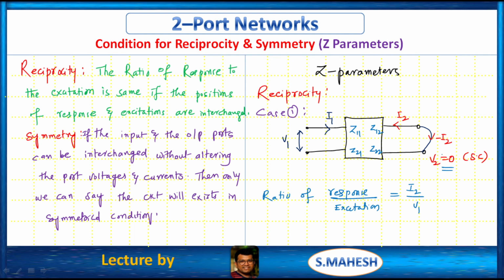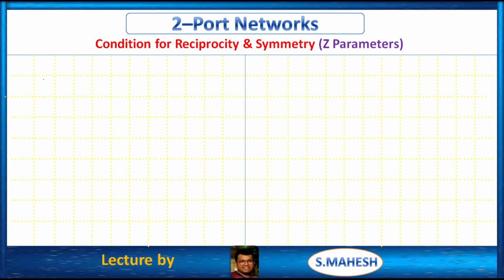When V2 is equals to 0, what are the equations? We have V1 is equals to Z11 I1 plus Z12 I2, and V2 is equals to 0, which is equals to Z21 I1 plus Z22 I2, right?